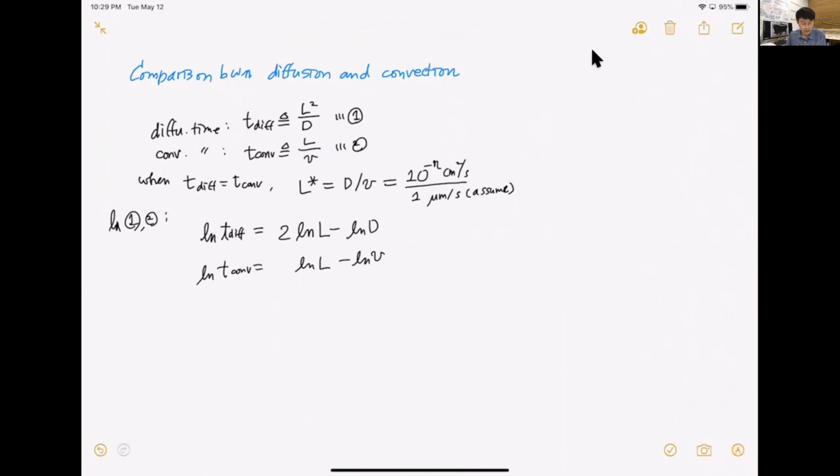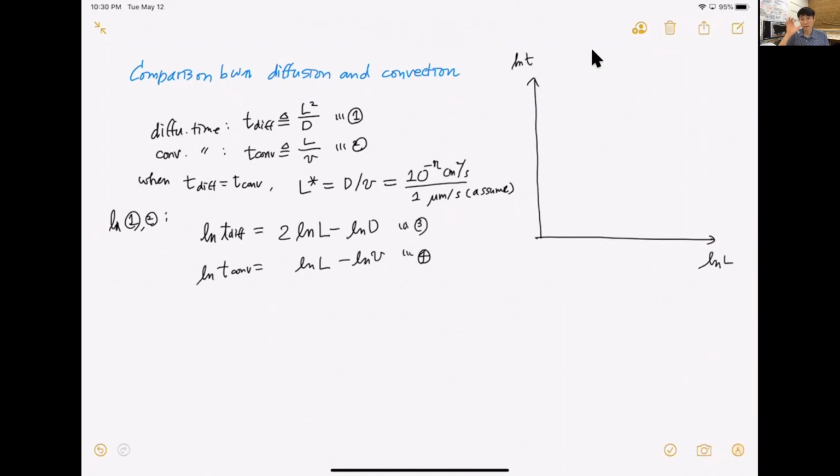So how can we draw this? As number 3 and number 4, this will have the x-axis as ln length scale and the y-axis as ln t.